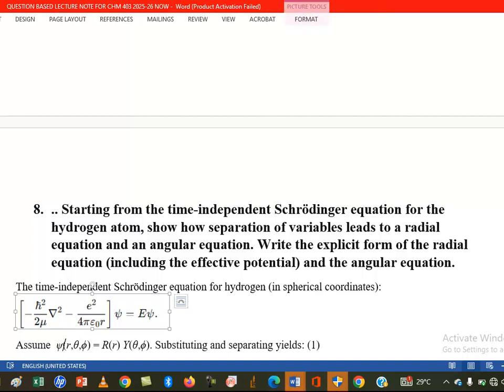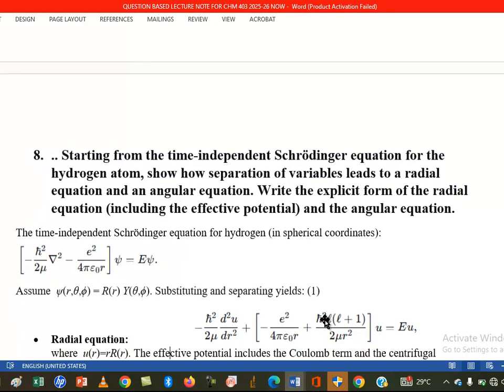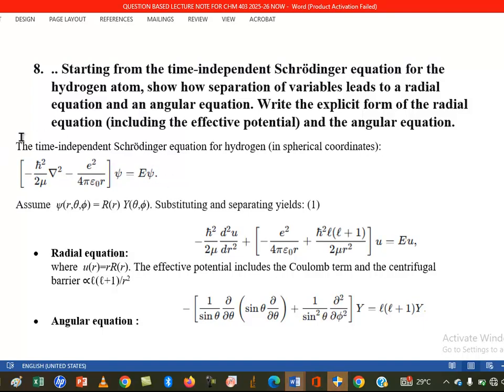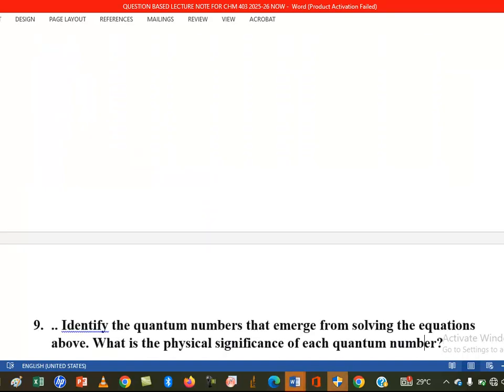You first of all give the Schrodinger equation, you can see it here, and then you give the variables. What are the variables? You can see the variables there, and then you give the radial equation and then the angular equation. So that's all.